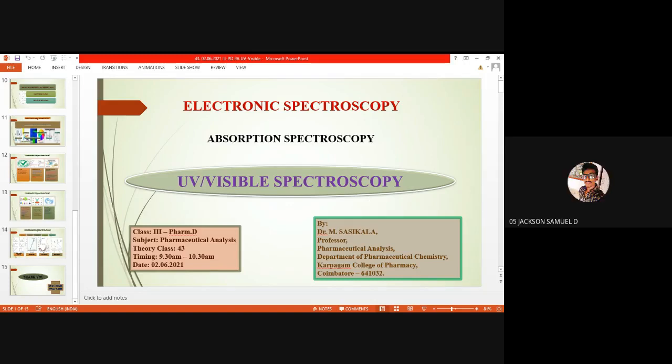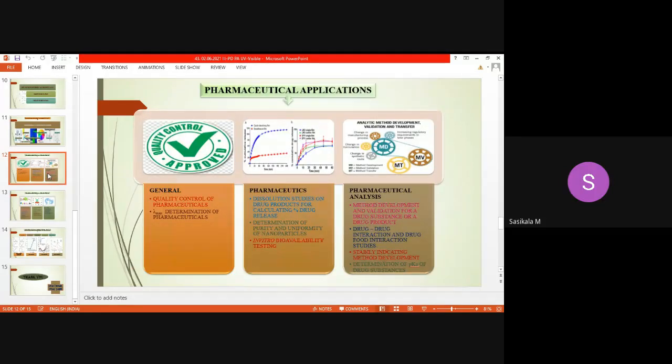In vitro bioavailability testing we can use this. Determination of uniformity and purity of the pharmaceutical products, we can use this, ma'am.